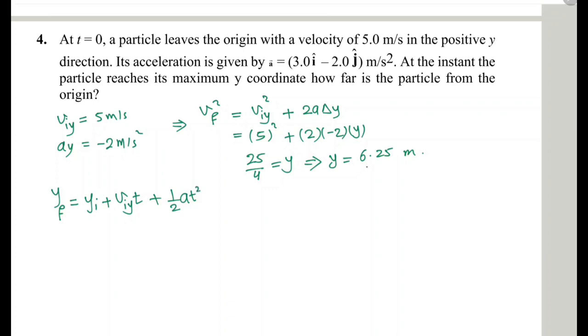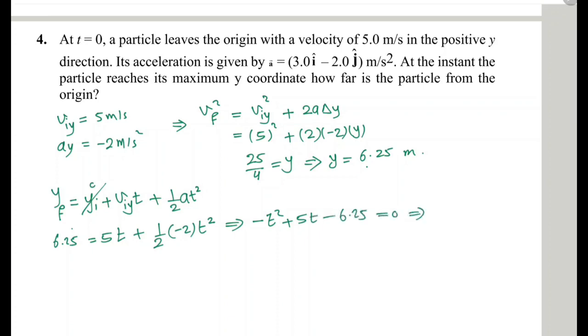Now y final equal to y initial plus the initial v_y t plus half a t squared. You substitute this back in here, so 6.25 equal to 5t, this one 0, plus half minus 2 t squared. In other words, minus t squared plus 5t minus 6.25 equal to 0.